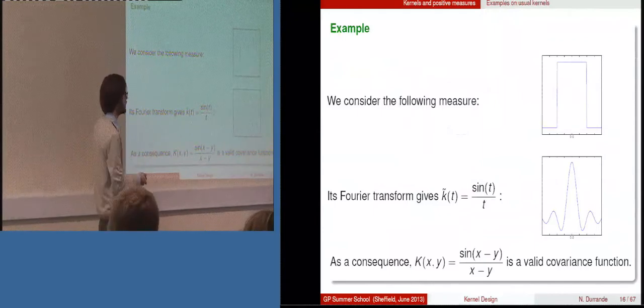That was the very basic example. You take a measure, you compute its Fourier transform, and you are sure that you have a proper kernel to work with.